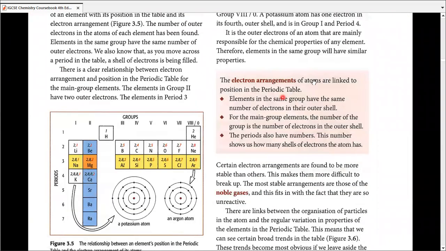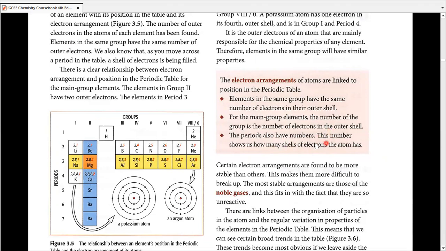So we are familiar with this one too. I have already taught you this. Let's go through the points again really quick. Elements in the same group have the same number of electrons in their outer shell. For main group elements, the group number is the number of electrons in the outermost shell. So that's pretty easy. If an element has 3 electrons in its outermost shell, that's most probably present in the 3rd group, right?